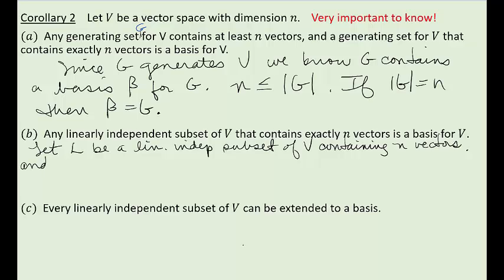And let beta be a basis. Now we know that V has dimension n, so we know there are n vectors in beta.